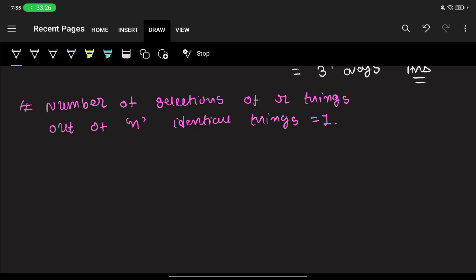You can just grab the balls without even looking at it, because all the balls are yellow. So that's why the number of selections of r things out of n identical things, okay, there is this word identical, is 1. Okay, we can actually prove them.